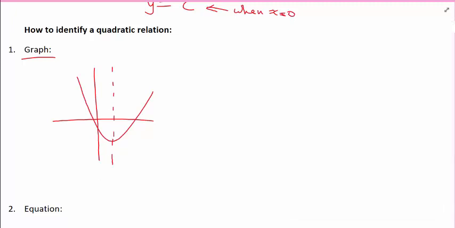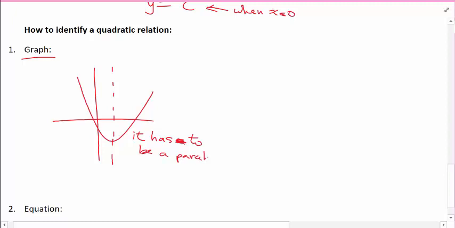So if it's a parabola like this, then it has to be a quadratic relation. So the graph has to be a parabola, which is a symmetrical U-shaped curve like that.